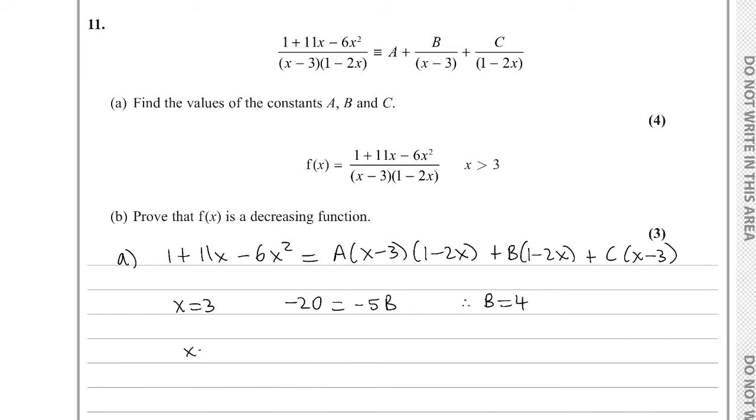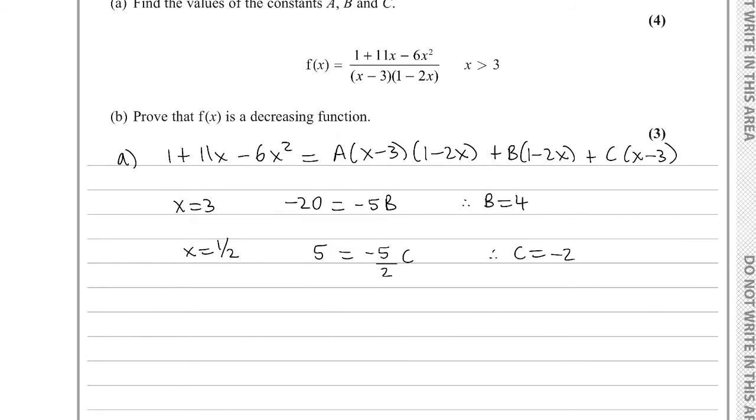Another good value will be a half. So the left hand side turns out to be 5 and the right hand side turns out to be minus 5 over 2. Therefore c is negative 2.